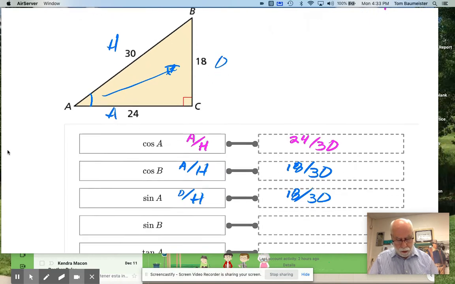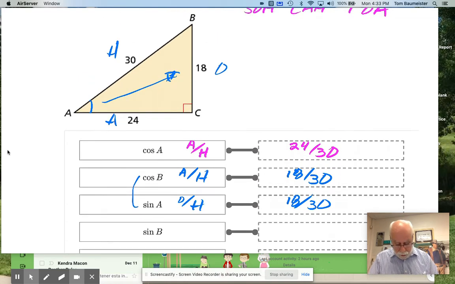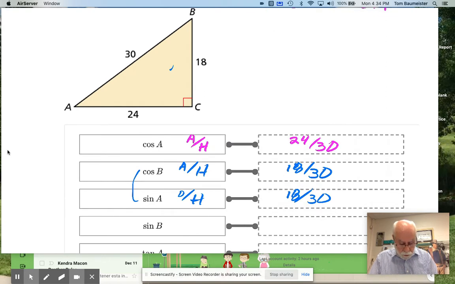And what I told you earlier is, remember, the sine of one angle is equal to the cosine of the other angle. If you want to think about it that way, then the cosine of one angle is the sine of the other angle.